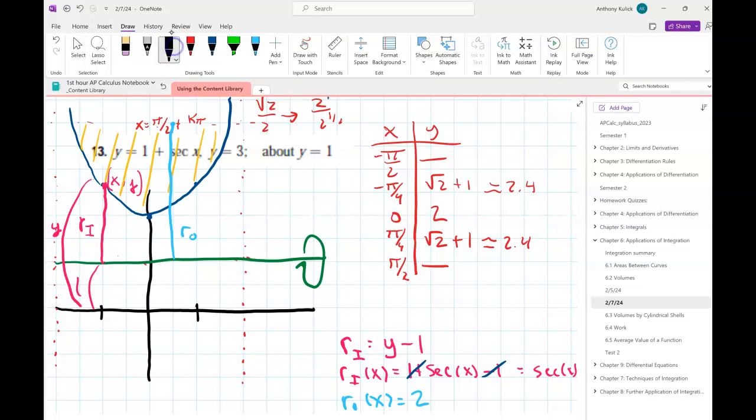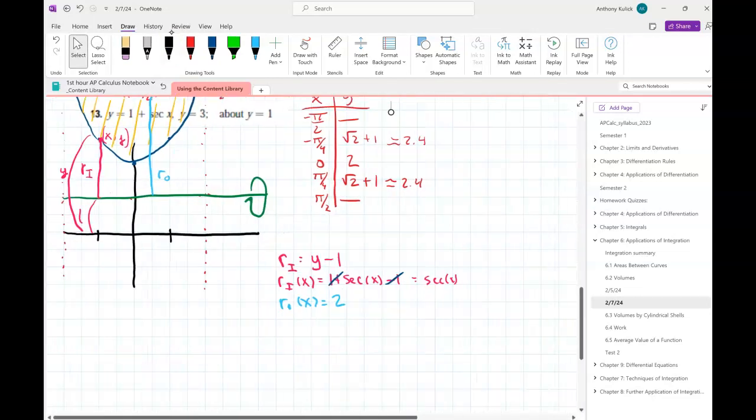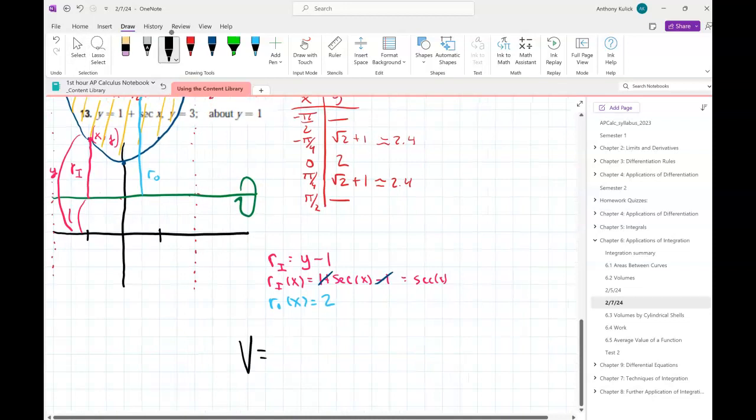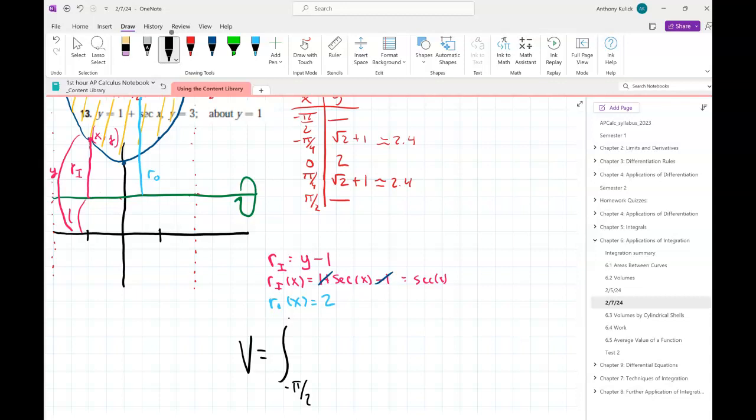Giselle, happy? Okay. So our volume then is the integral from negative pi over 2 to positive pi over 2 of pi times r outer squared minus r inner squared. Well, I'm just going to write it this way. dx.